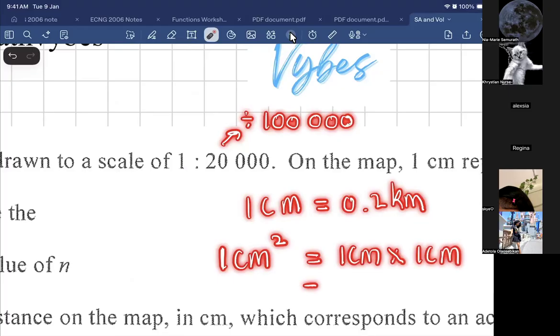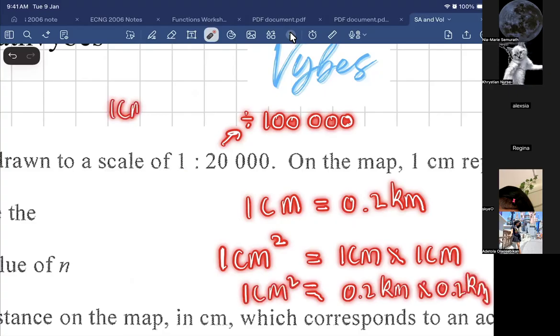And how much does 1 centimeter represent in real life? 0.2 kilometers. Exactly. So 0.2 kilometers by 0.2 kilometers. Long story short, 1 centimeter squared on the map is actually 0.2 by 0.2 kilometers, so you get 0.04.